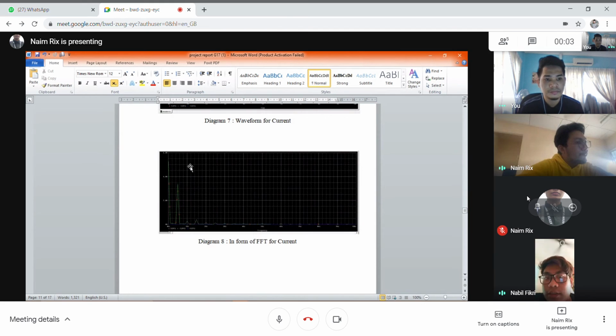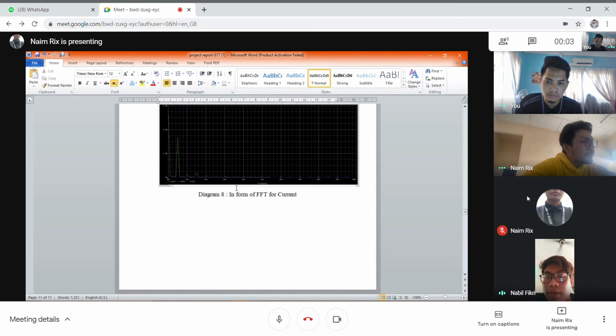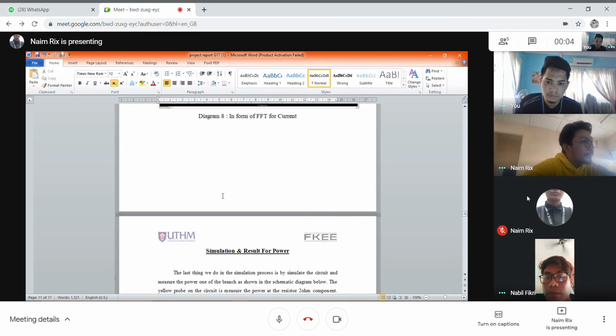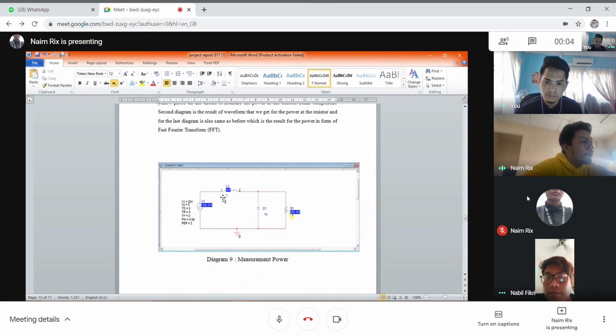So the power circuit for this circuit is like this, and this is the graph.